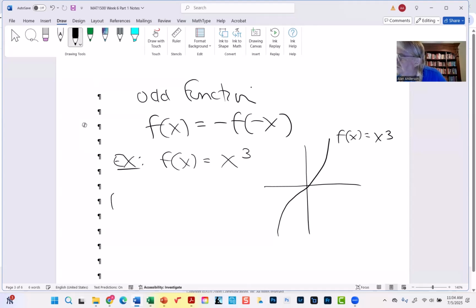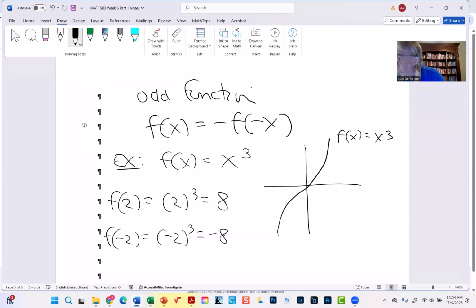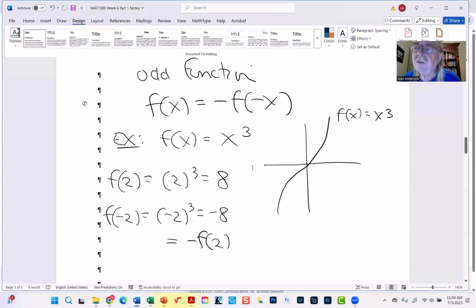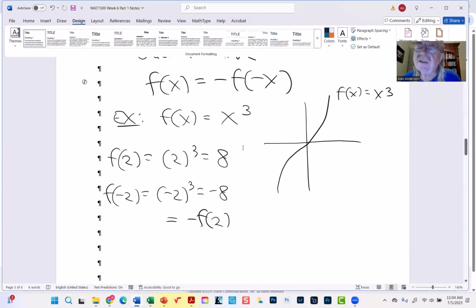So if I try f of 2, and then f of negative 2, you notice how they're going to have opposite signs. It's the same number, but with opposite signs. So f of 2 is 8, f of negative 2 is negative 8. And that means this is an odd function if it's true for all x's.